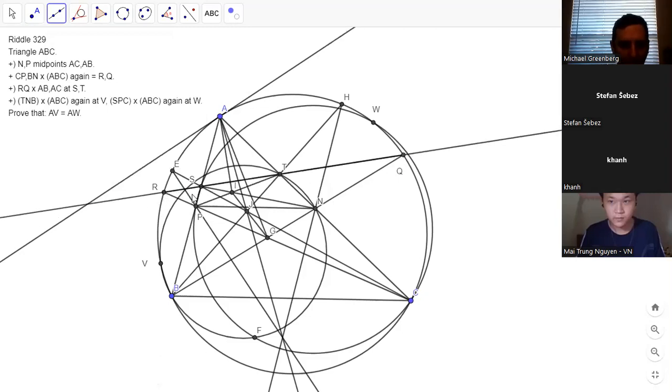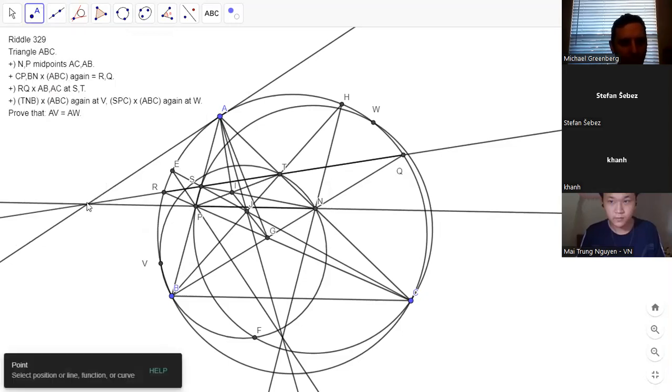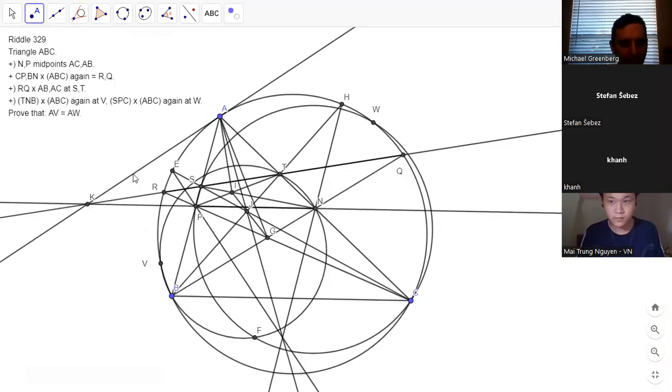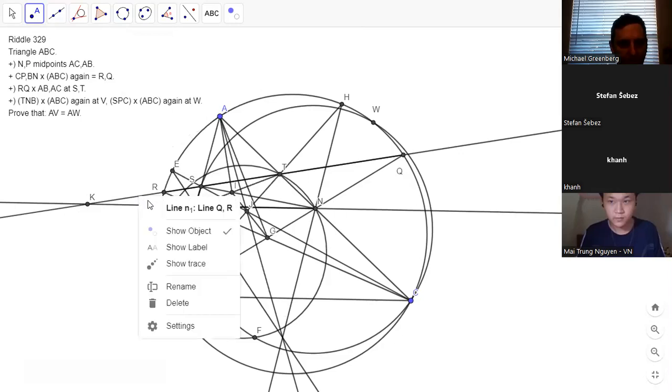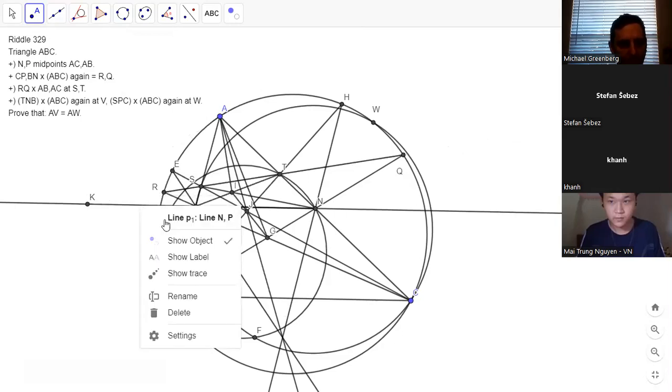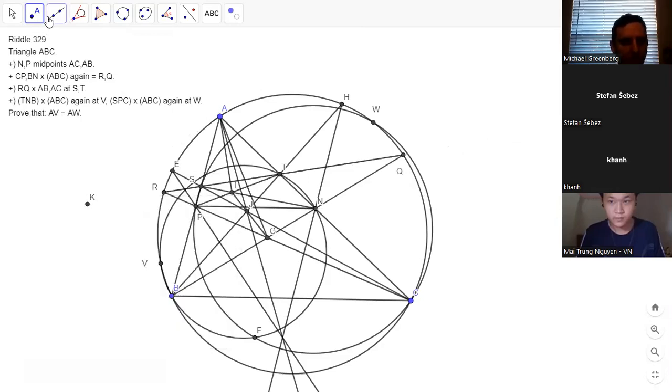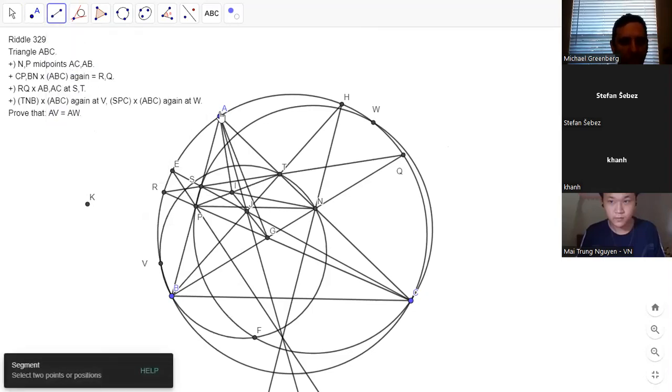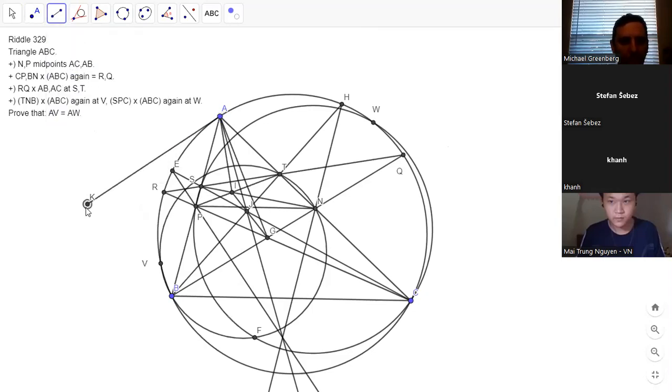So you're saying this, and this concur. Yes. So we must have AK, AI and AP, AN are in harmonic. Okay. They form a harmonic bundle. So we have AK, AI, AP, and AN in harmonic conjugation.